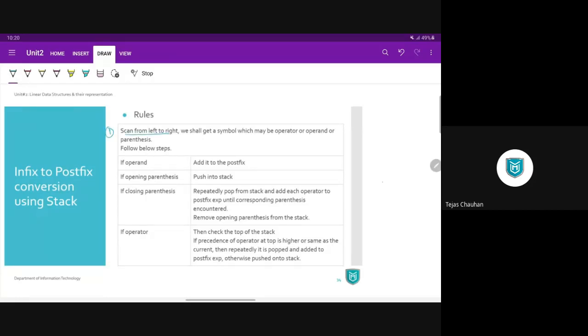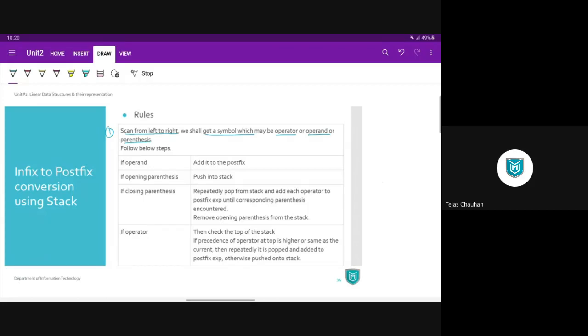First, you scan your input from left to right. Okay, you scan your input from left to right. Now, when you scan your input character by character, whatever symbol you have may be either an operator or operand or a parenthesis, because an infix expression can have operand, operator, and parenthesis.